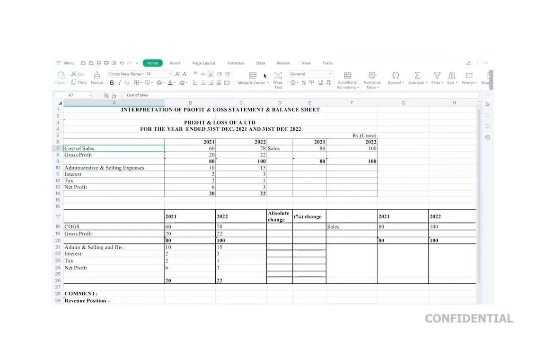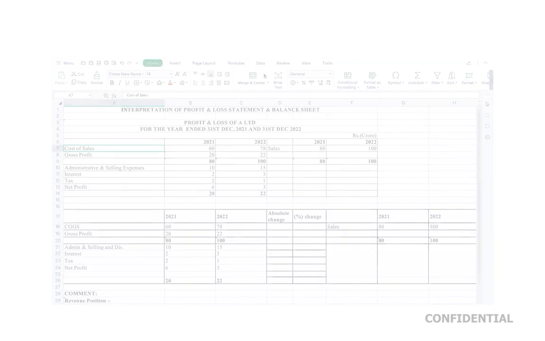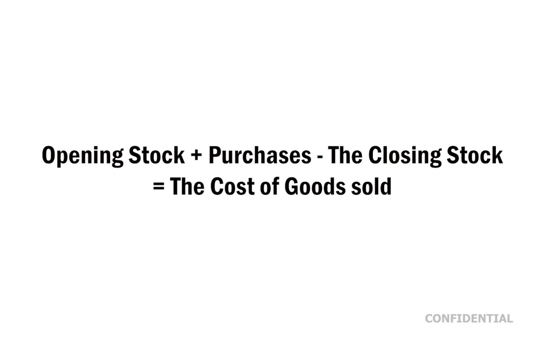Since those costs have not generated revenue for the company, we deduct it from this year because it is already included in the purchases. So opening stock plus purchases minus the closing stock will give you the cost of goods sold, right?